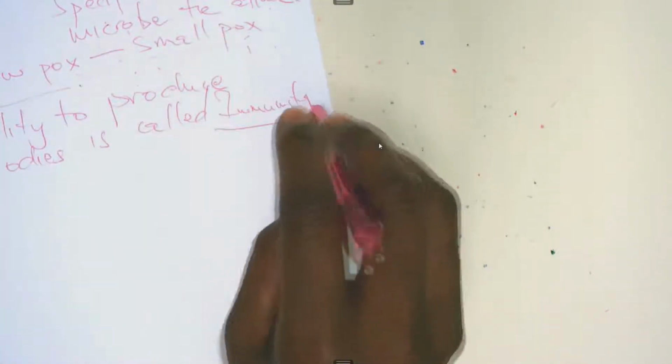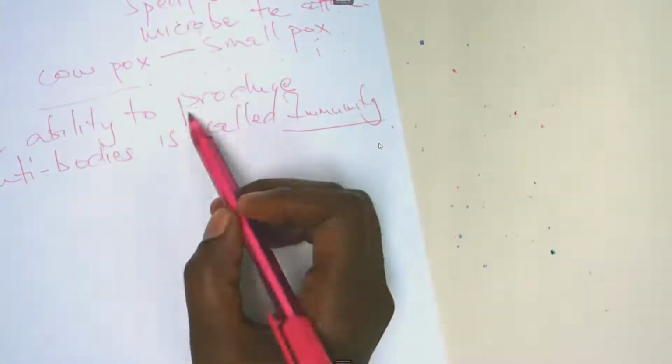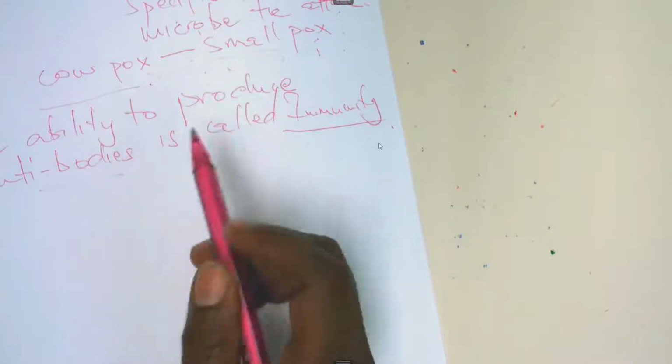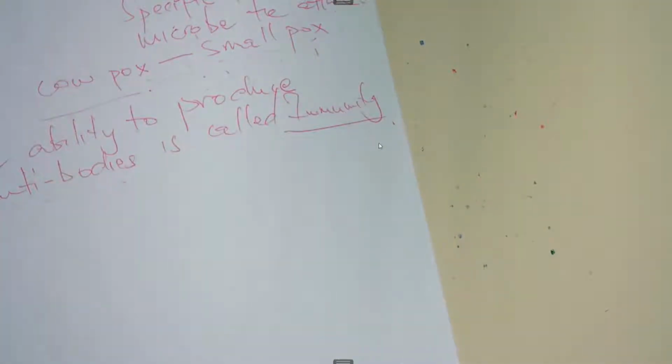So immunity is the ability of the body to produce antibodies. So we started with passive immunity and active immunity, and again we have artificial immunity and natural immunity.